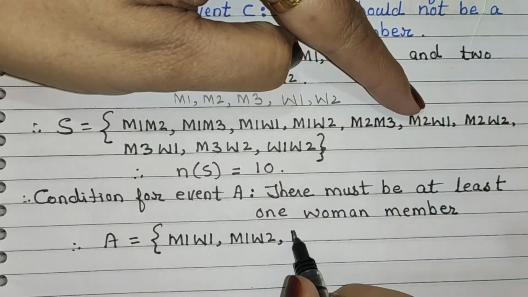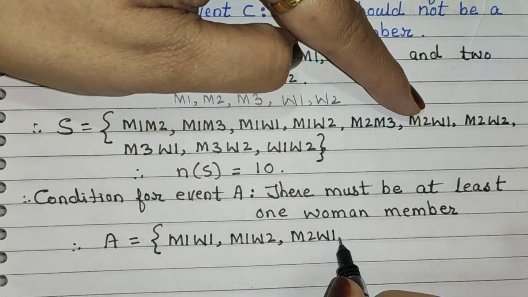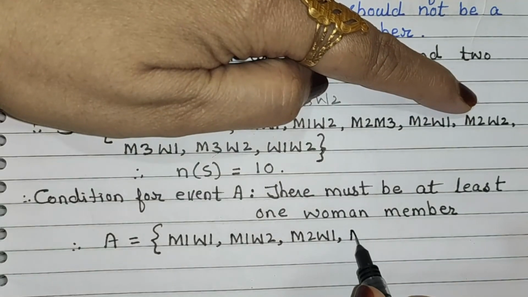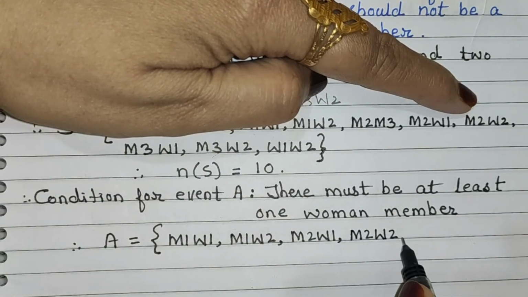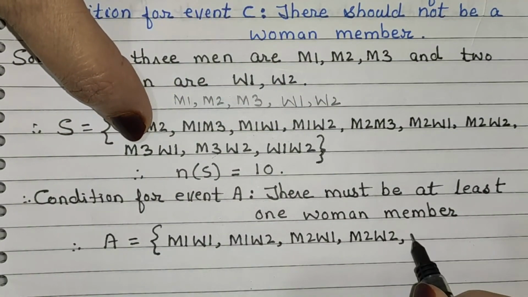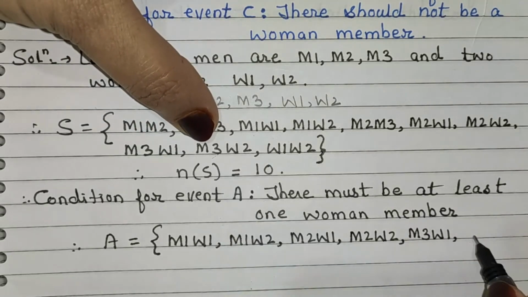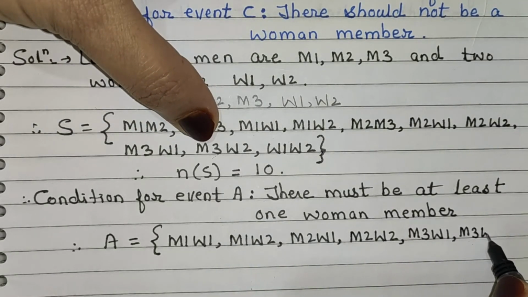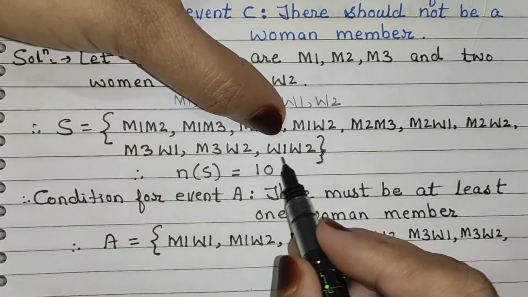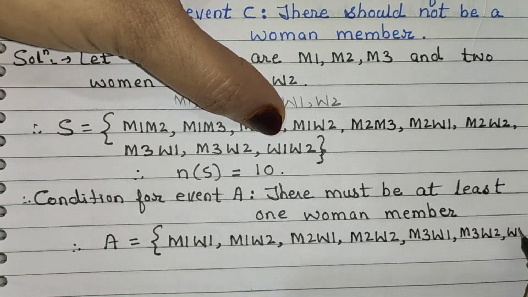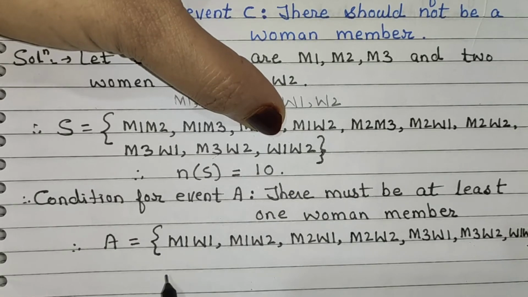Now next M2 W1. Here M2 W2. Next M3 W1. Next M3 W2. Both are women, W1 W2. Therefore, n of A is equal to 1, 2, 3, 4, 5, 6, 7.